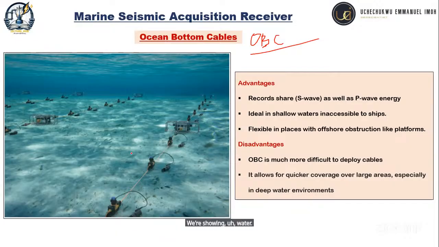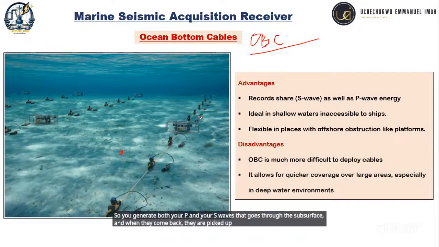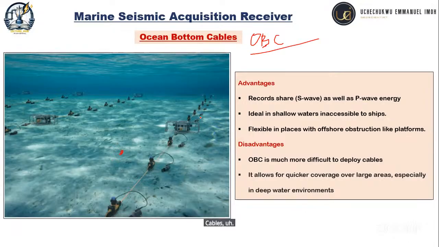So if you want to, you can deploy the source at the bottom of the ocean as well. So you generate both your P and your S waves that go through the subsurface, and when they come back, they are picked up by these ocean bottom cables that already have the receivers in line with them, just like your geophones.